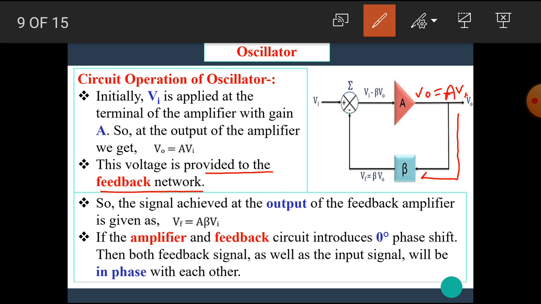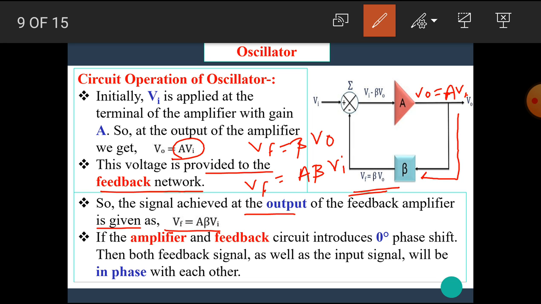So the signal achieved at the output of the feedback network is Vf equal to A beta Vi, because Vf is equal to beta V0 and V0 has the value A Vi.